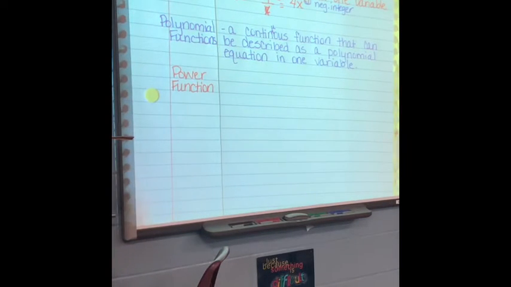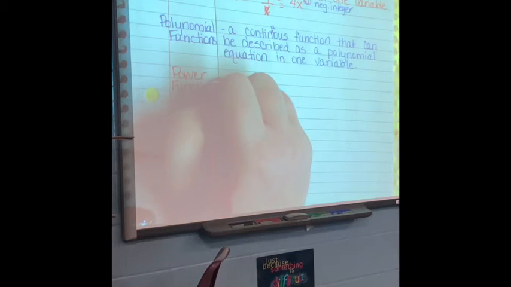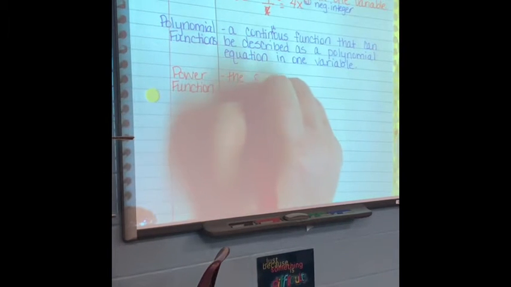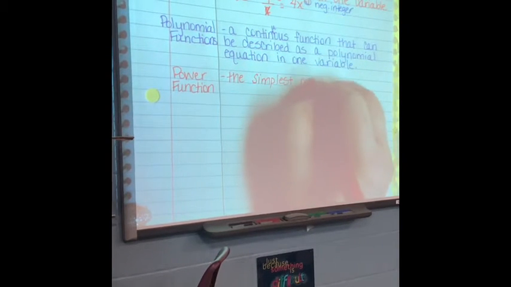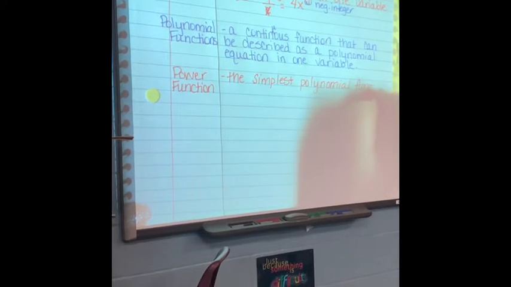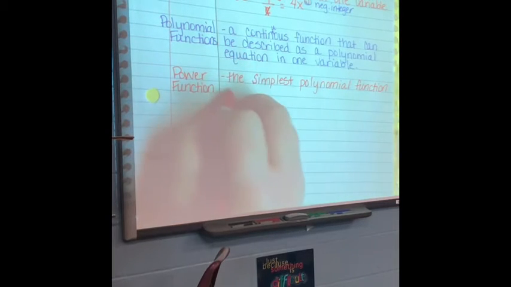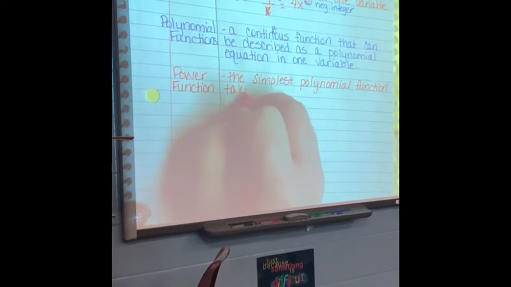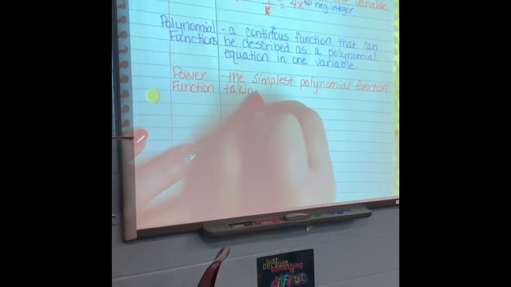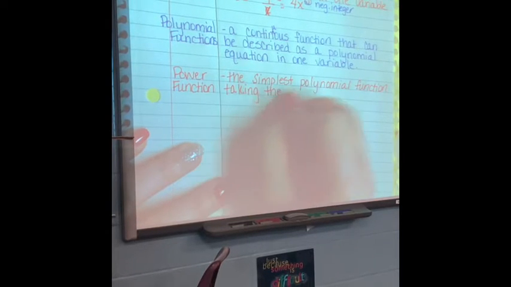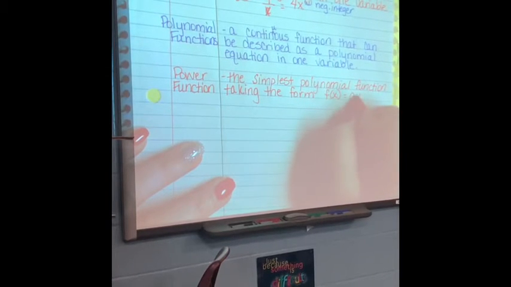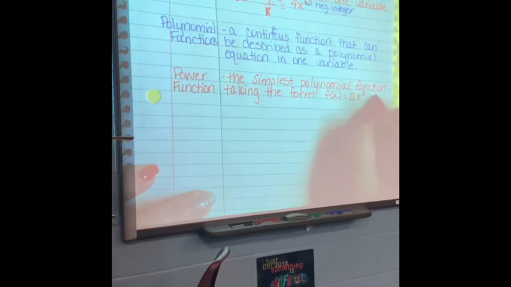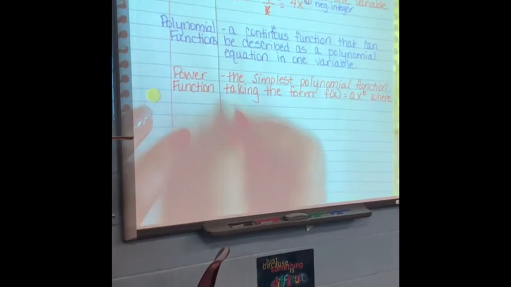All right, the power function. It's the simplest polynomial function. Taking the form f of x equals ax to the b power, where a and b are non-zero real numbers.